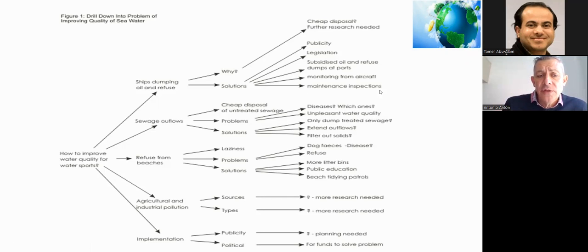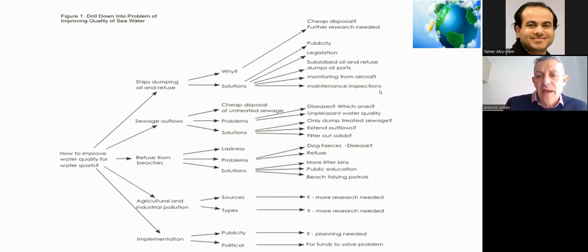However, in terms of sewage outflows, it was the same: cheap disposal of untreated sewage. We might continue by stating more problems. This is the problem that states the sewage outflow, because it's cheap.